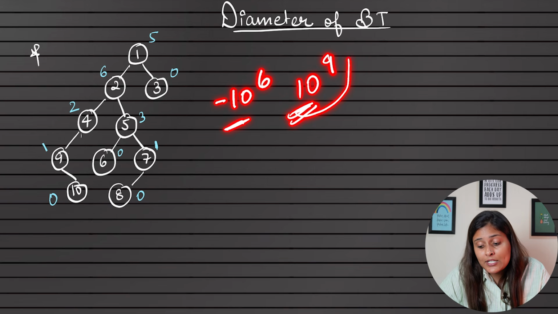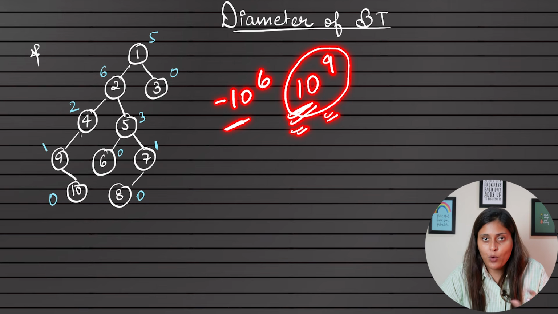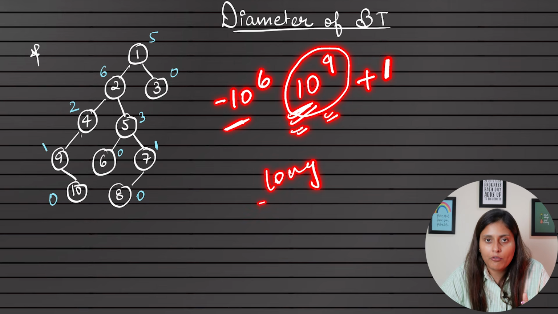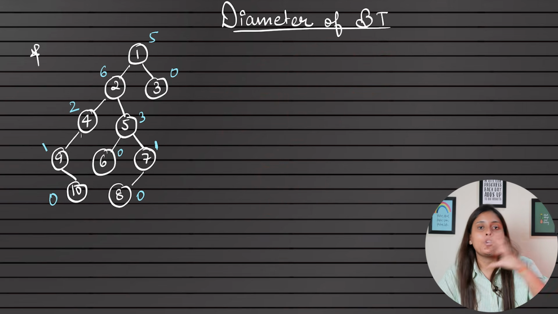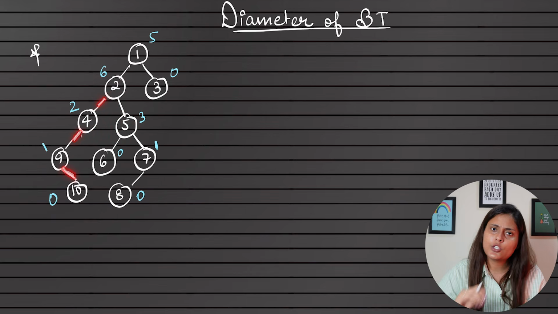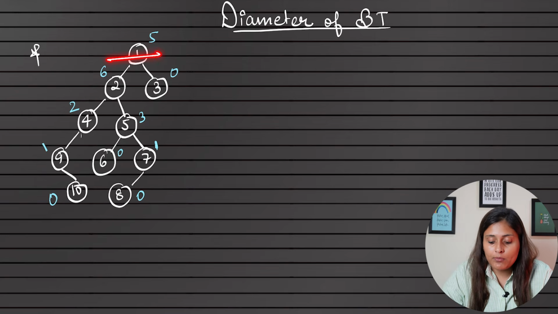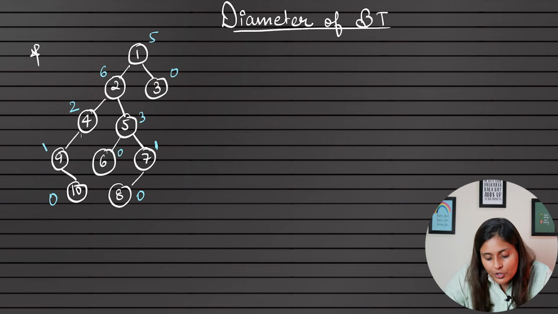You know integer can hold up to at max 10 power 9 values. Beyond that, if you have to do any single addition to it, you have to convert this into long format. So that is why we always read the constraint values also. But here we have nothing to worry with the values, because here we are focusing on counting the edges. So it's okay to go with. So now as we have understood the problem statement, we'll see how we will do this.